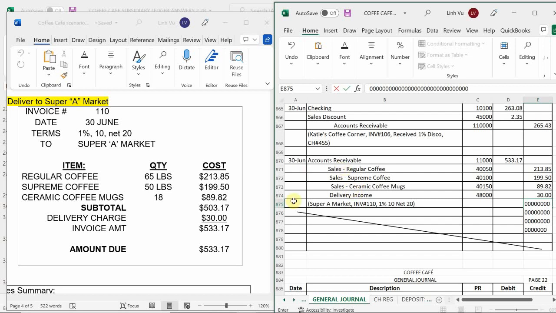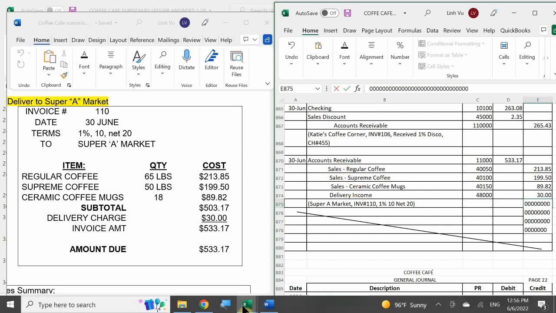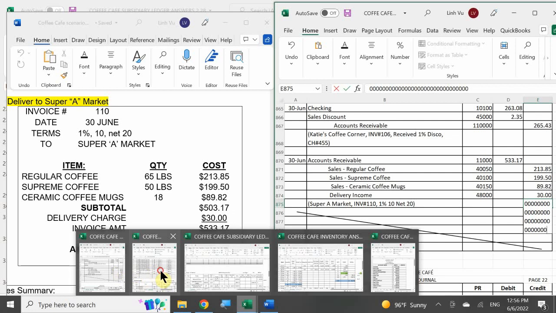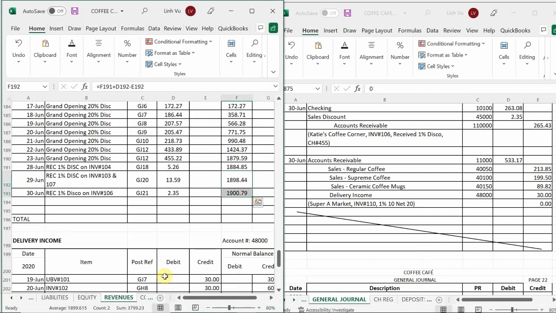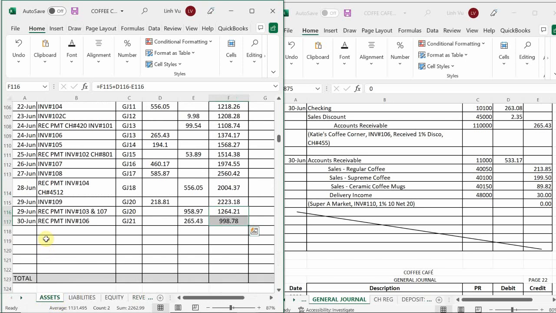So in this case, we now can update my ledgers. Starting with my accounts receivable, which is where we left off right here. We just issued invoice number 110, and we did this on the 21st page here.